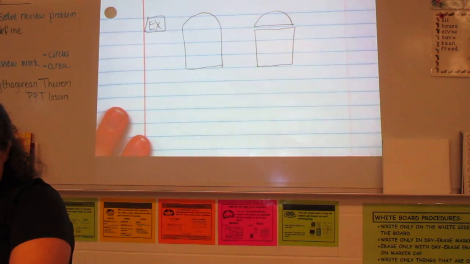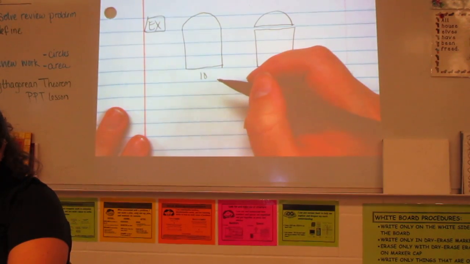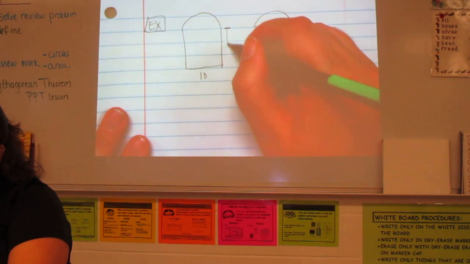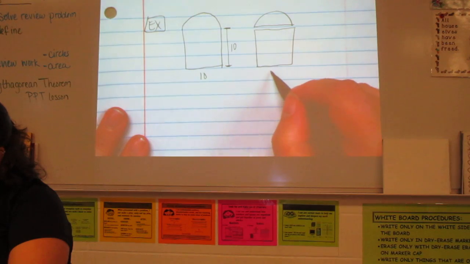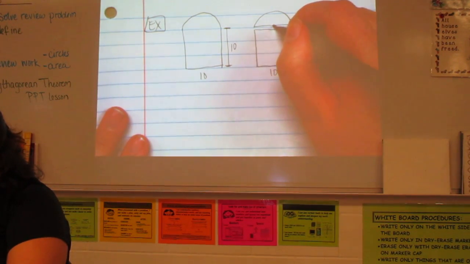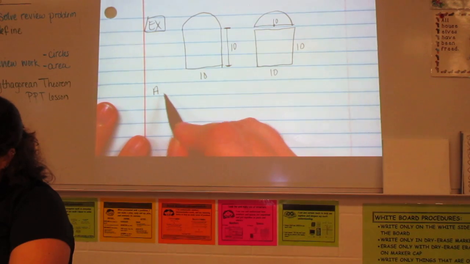Now let's say I know that this is 10, and from here to here is 10. Well, that tells me that my rectangle is a 10 by 10, and it tells me that the diameter of my semicircle is 10.